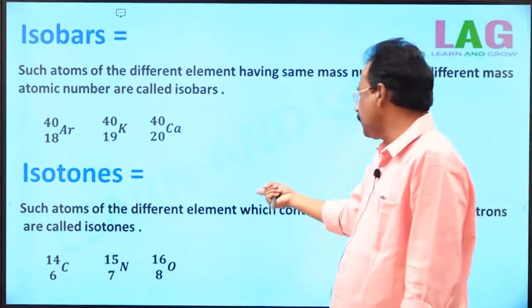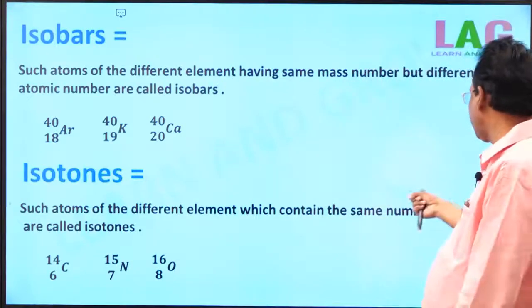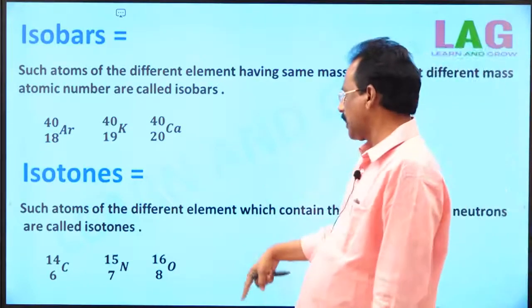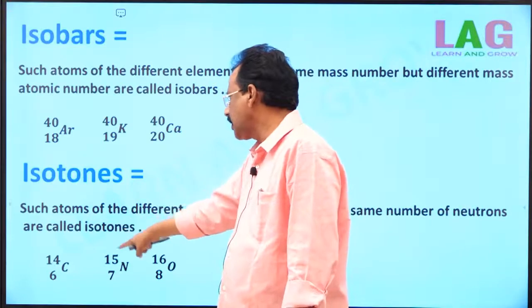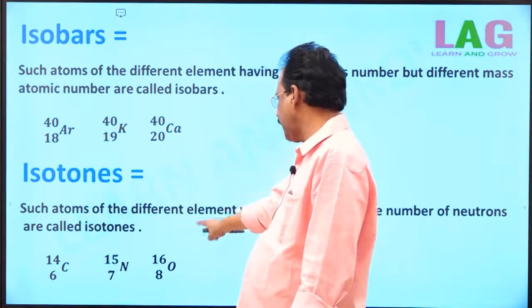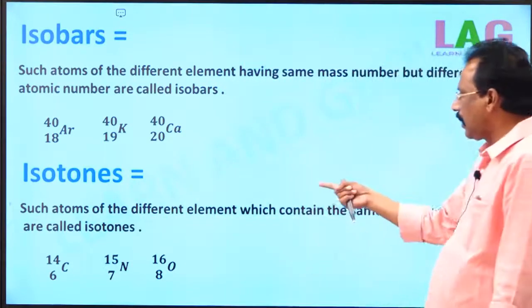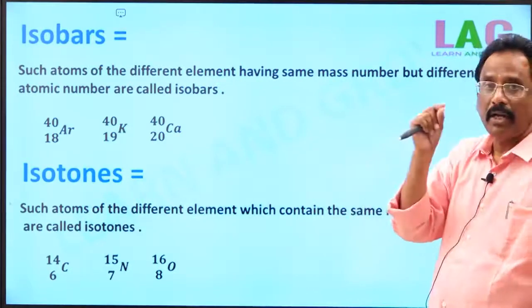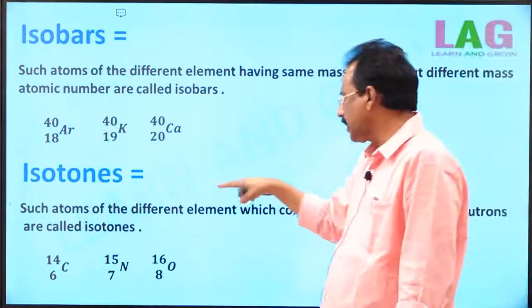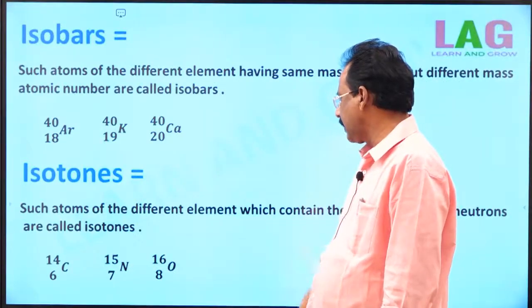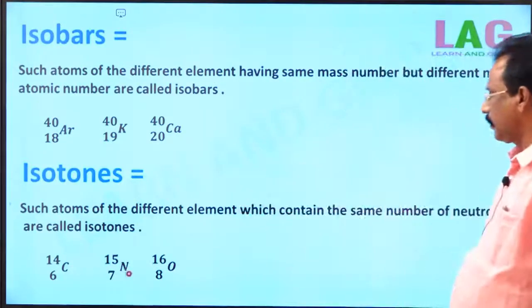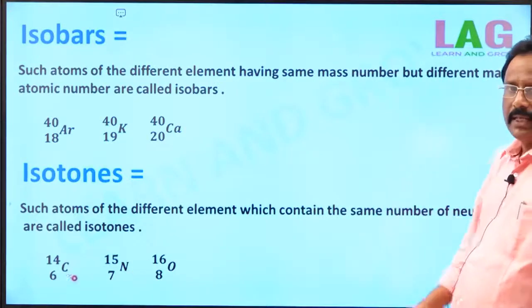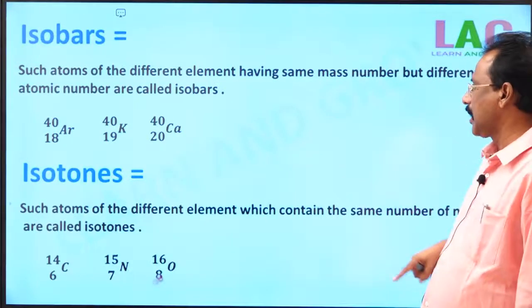And isotones means atoms of different elements having the same number of neutrons. For example, 6C14, 7N15, 8O16, all these 3 isotones have the same number of neutrons: 14 minus 6, 15 minus 7, 16 minus 8. So these 3 have 8 neutrons.